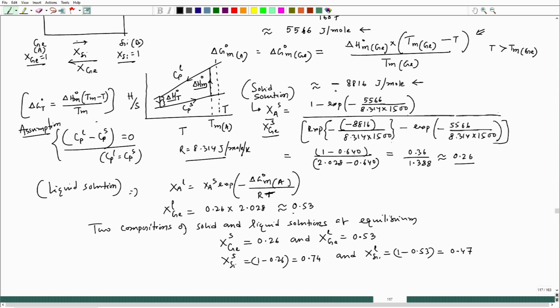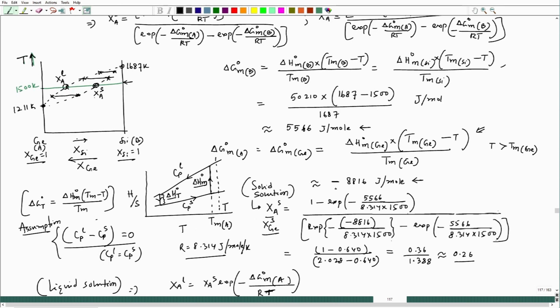So that means you got two compositions, this value comes out to be 0.26 and this value comes out to be 0.53 in terms of B.